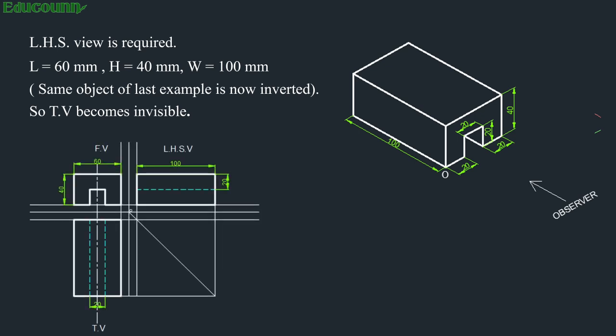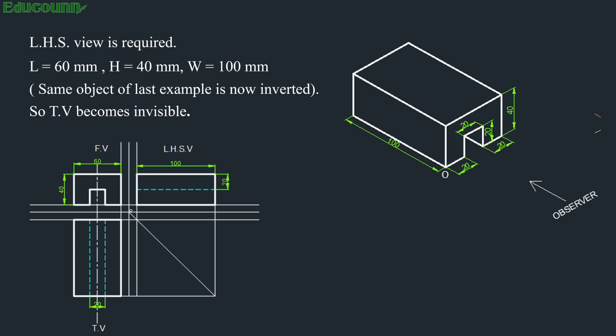The C-shaped slot in an inverted position is seen in the front view. The same rectangle as the previous example is shown in the side view. In that rectangle, a hidden line is shown just 20 mm below the top, which will represent the invisible surface.